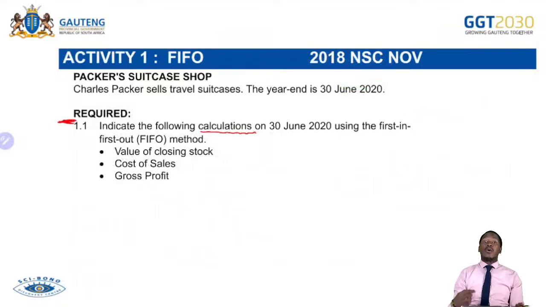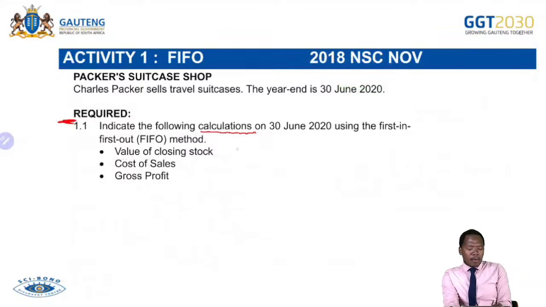One of the reasons is the nature of the product they are selling. If I'm selling items with limited shelf life, obviously I'll have to stick to FIFO. And also I would want to have my closing stock being realistic so that it helps me to prepare my statement of financial position.